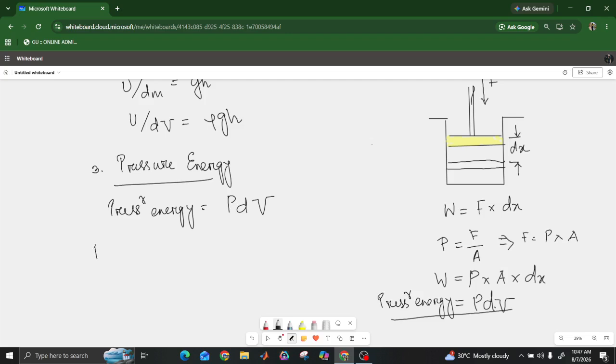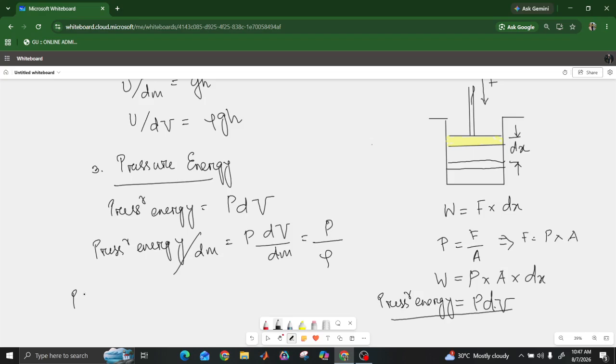So now pressure energy per unit mass. What will be P dV by dm? What is volume by mass? If I bring this dV down, it's nothing but density, right?